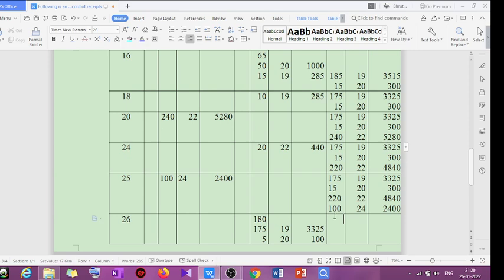Now, what is the balance remained? 175 slot is given. Out of 15, 5 is given. What is the balance? 10. Okay, 10. Rate is 20. So it will be here 200.